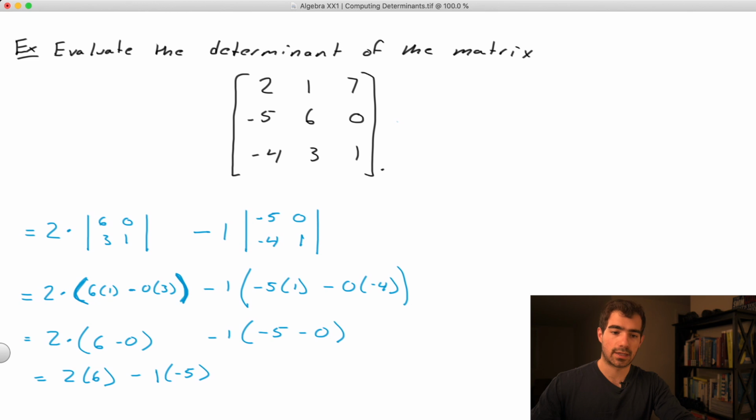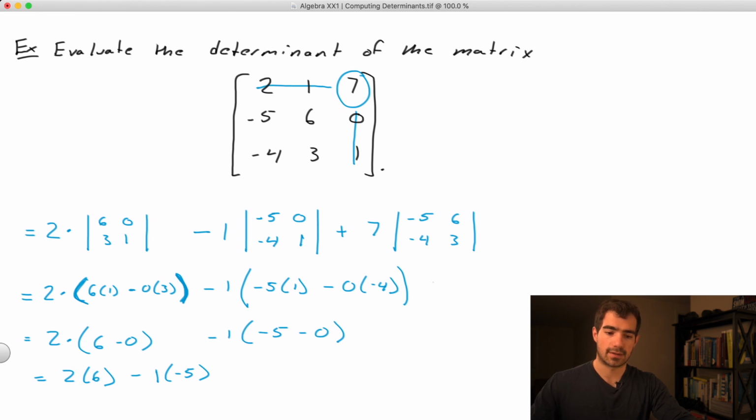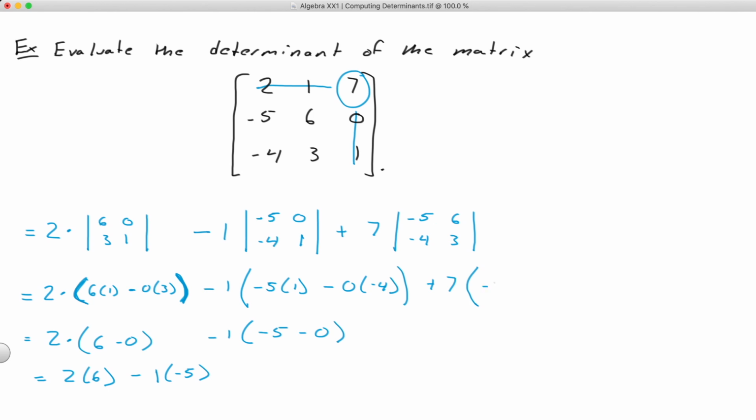And then lastly, we'll look at our third term here, the 7. And so we'll take +7 times the determinant of the matrix formed if we cancel out everything in the same row and same column as 7. So that leaves us with -5, 6, -4, 3. Computing this determinant is going to give us +7 times the product of this diagonal, so -5 times 3, minus the product of this diagonal, so -4 times 6.